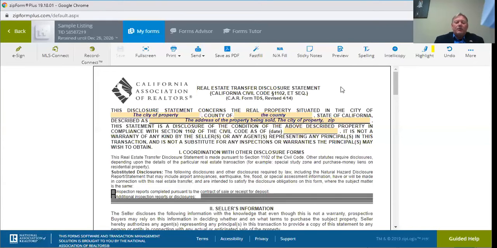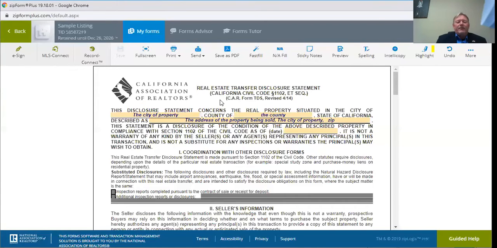The transfer disclosure statement is one of the many documents that, if you ever get into a legal action, if the buyer is going to sue for non-disclosure of some particular item, is going to be a document they're going to look at.